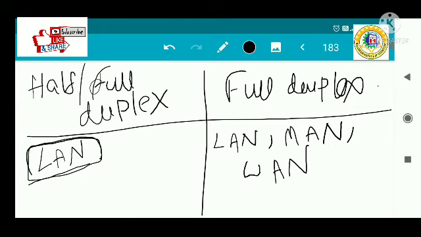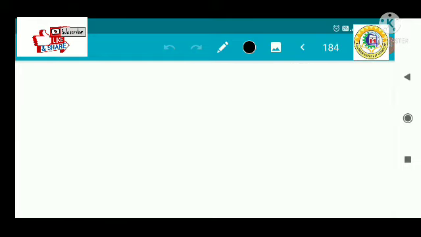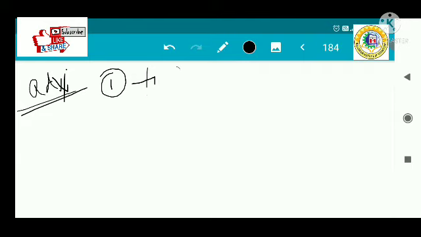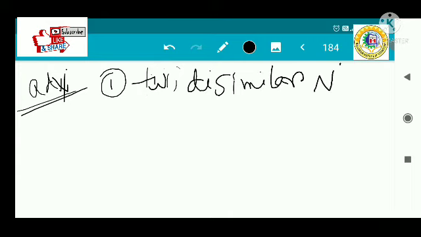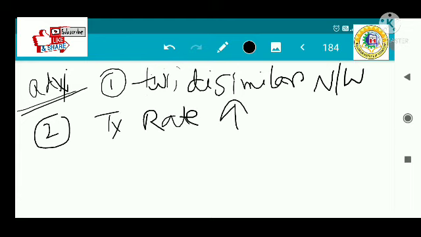The advantages can also be derived from these differences. The first advantage of the router is that it provides the connection between two dissimilar networks, two different LANs. The transmission rate is also very high.